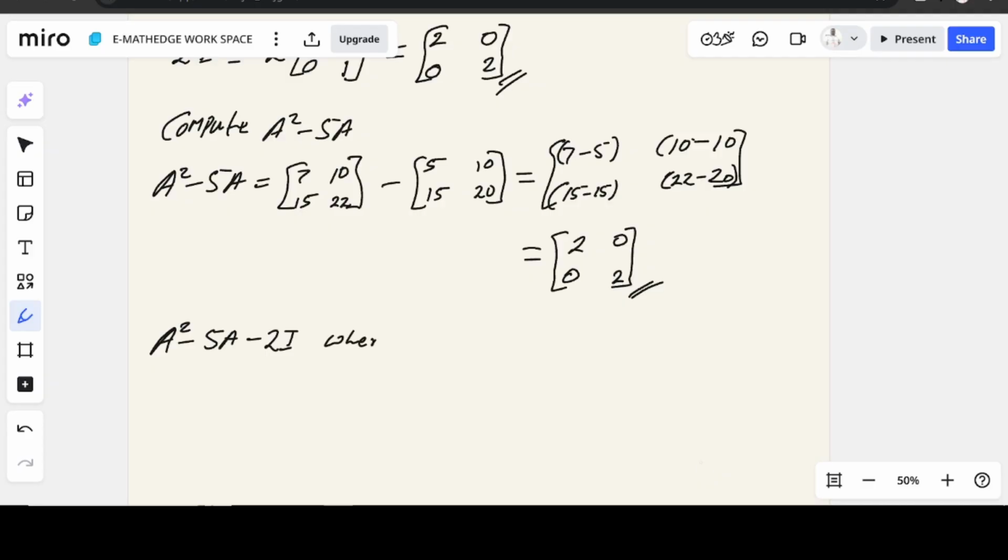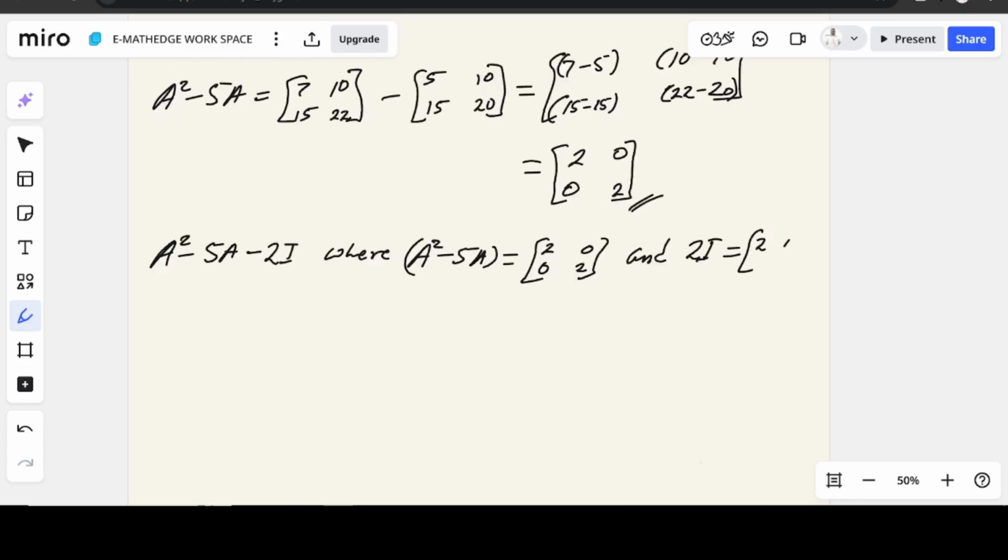Where we already have A square minus 5A to be equal to, we just obtained it, right? Which is 2, 0, 0, 2. And we have 2I to be equal to 2, 0, 0, 2.